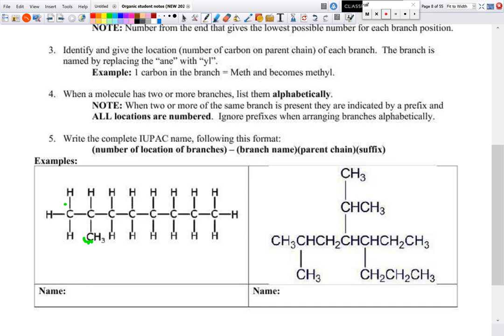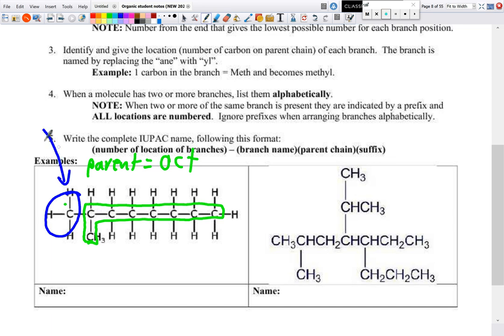So, just for fun, why don't I start here, and I'm going to block this off. So I know my parent is equal to oct, because oct is 8. Now step 2 said number the carbons so that carbon 1 is closest to the first branch. This right here, which is not contained inside my longest continuous chain, is what we call a branch.